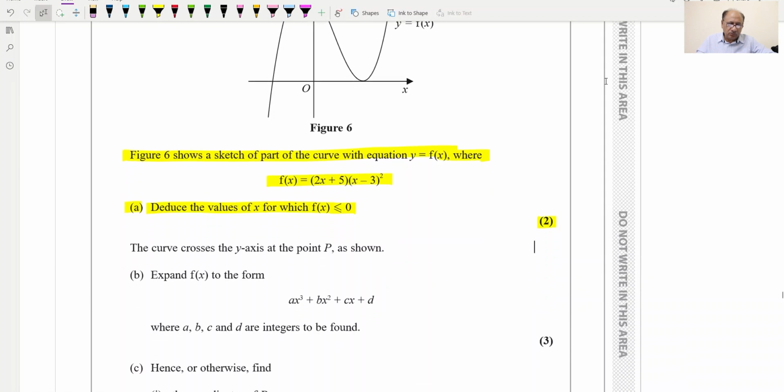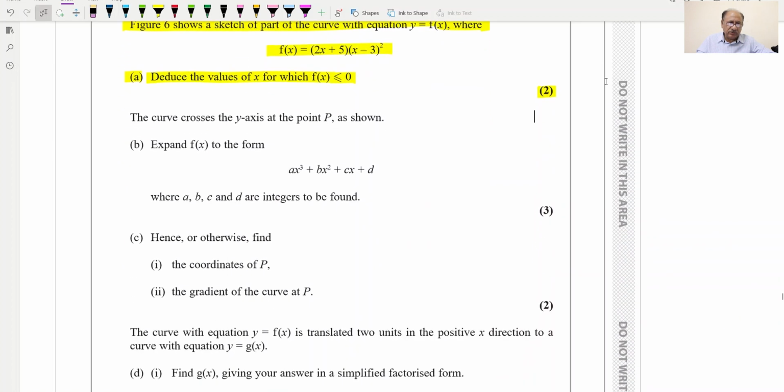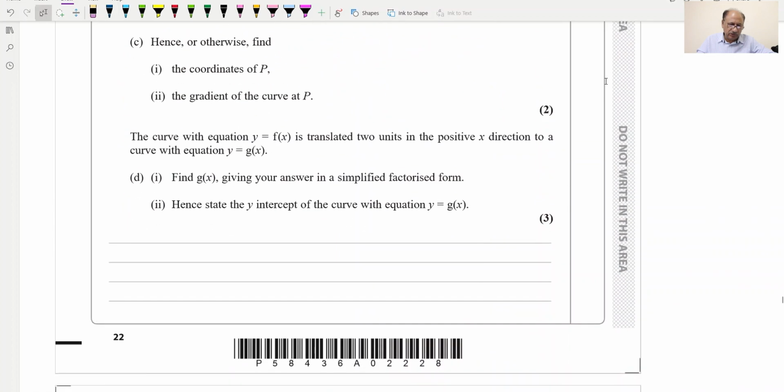So we know that f of x is basically what we can do. We can write f of x equal to 0 and solve it for the solutions. So for part a, we can write f of x is equal to 0.